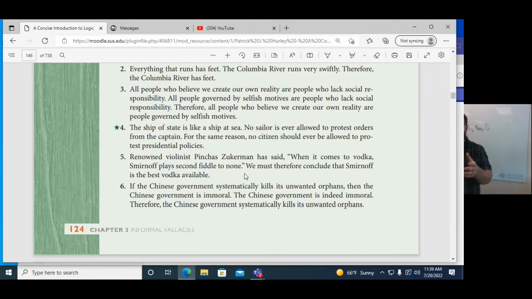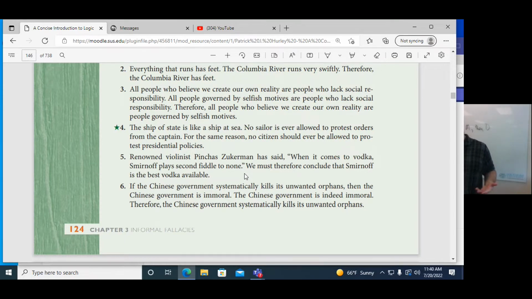A way that would not be a fallacy is if maybe we had a Consumer Reports issue that tried to measure people's preferences in terms of what they actually thought was the best vodka, right? So maybe an empirical survey of people at an alcohol trade convention show, maybe there's some sort of evidence that we could measure preferences.